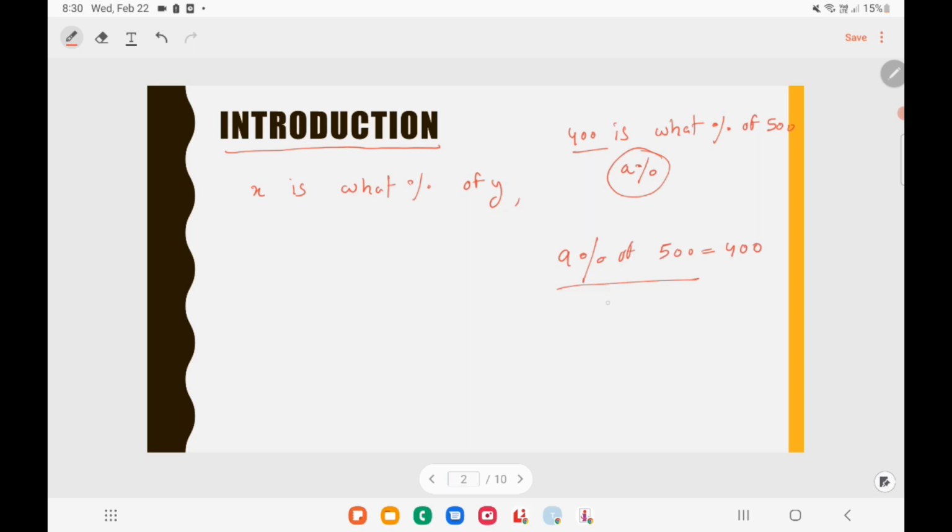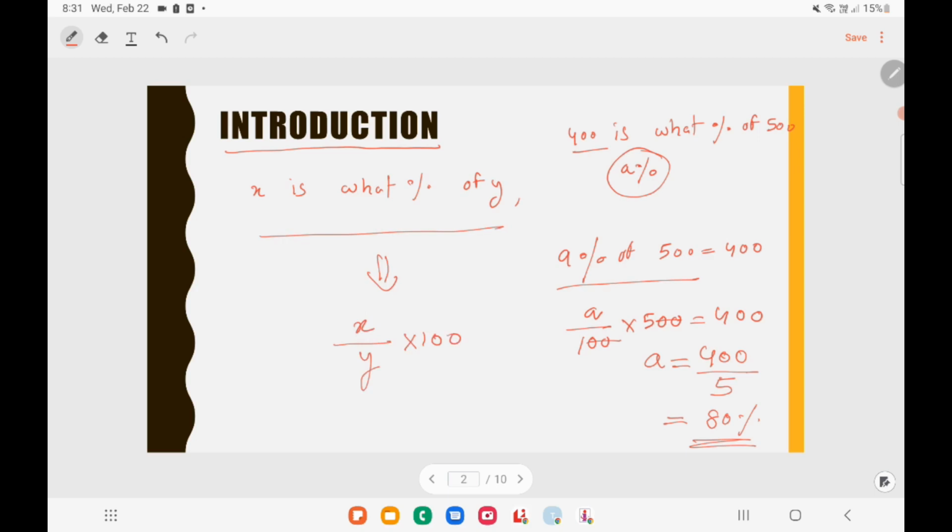We know that a percentage of 500 means a by 100 into 500 is equal to 400, right? So you will get a is equal to 400 divided by 5. So you will get 80%. That means 400 is 80% of 500. In order to find this out easily, just use this formula, that is X by Y into 100. So 400 is what percentage of 500 means the answer will be 400 by 500 into 100. You will get 80%. In this way you can do this problem.